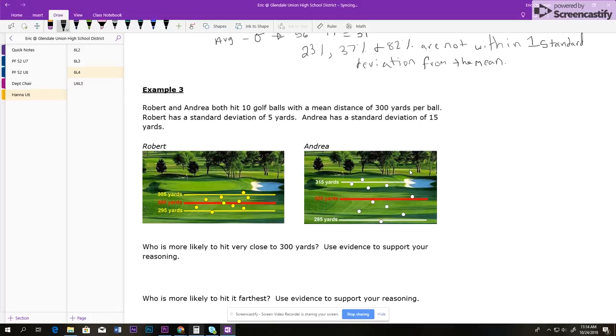Who is more likely to hit very close to 300 yards? Use your evidence to support. Even though his mean is 300 yards, we know that one standard deviation is 68% of his results. So 68% of the time, Robert hits between 295 and 305 yards.